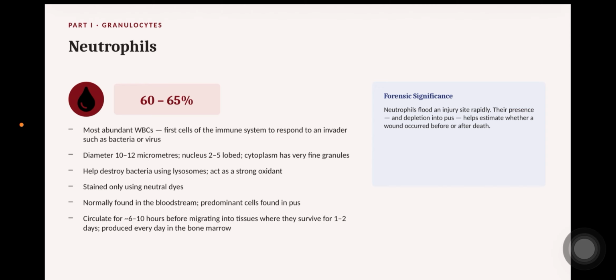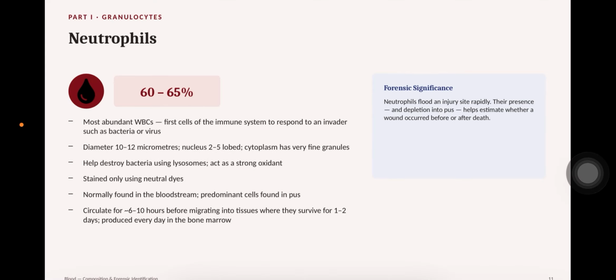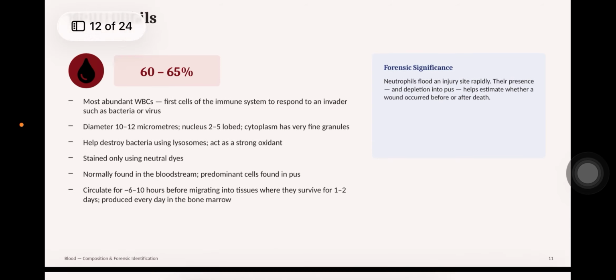When your injury is healing, there is this formation of pus, and the presence of neutrophils shows the antemortem injury. This is not a sign of postmortem injury. And in fact, the pus is composed largely of dead neutrophils, dead bacteria, and the tissue debris.